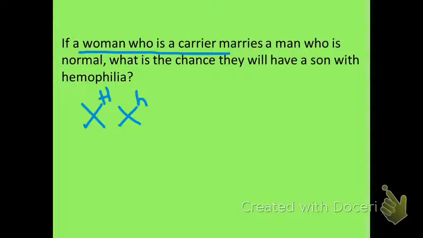It says she marries a man who is normal, so we're going to cross these two. Her husband is XY, and on his X he's going to have a capital H because he's normal and does not have hemophilia. Now we're simply going to do our Punnett square to see the chance that they will have a son with hemophilia.